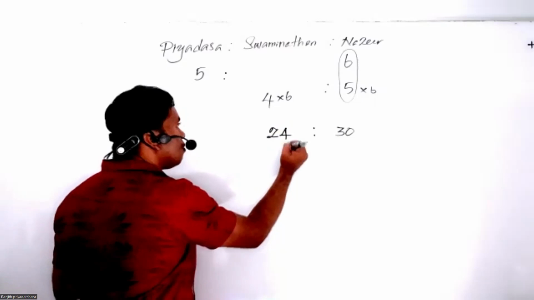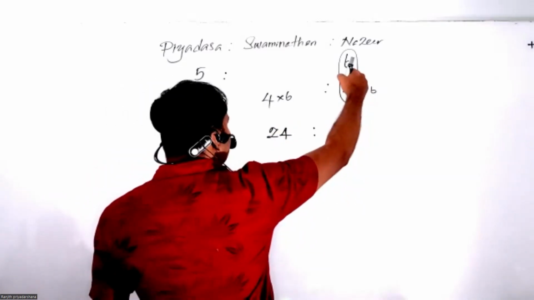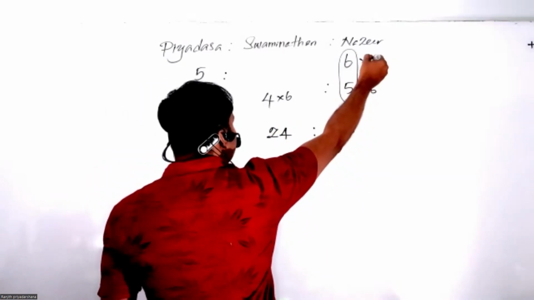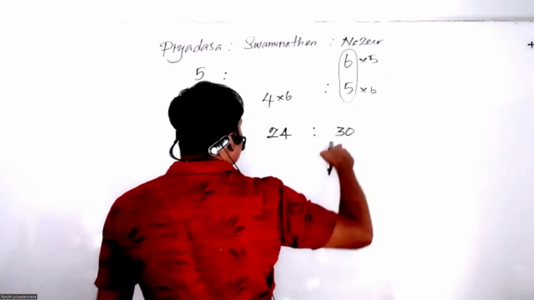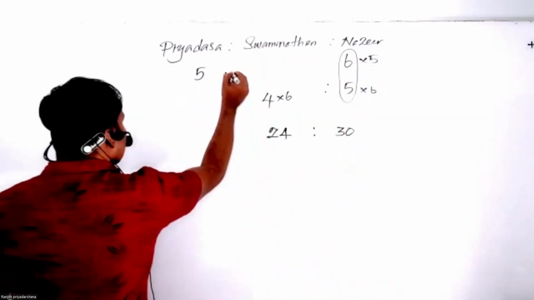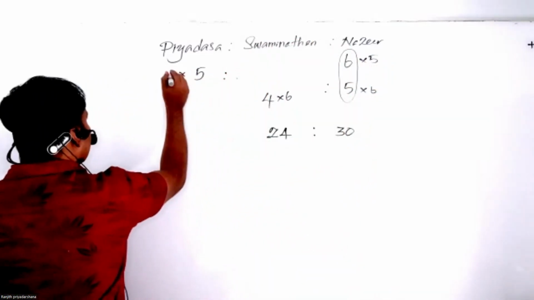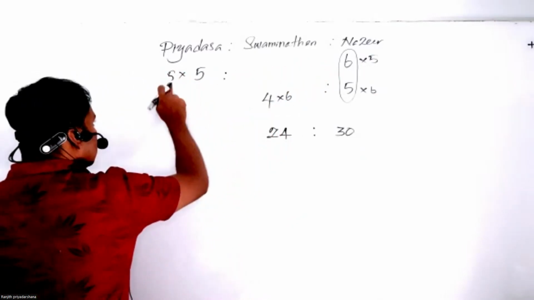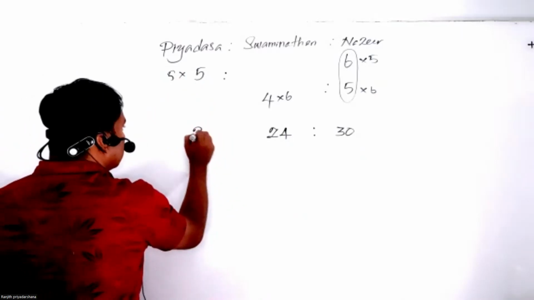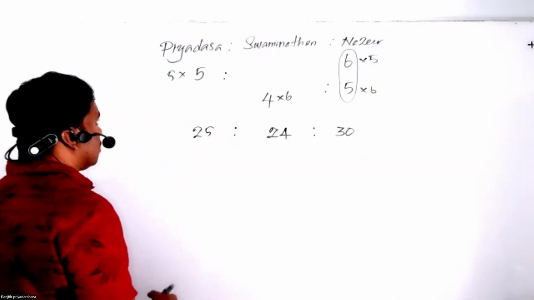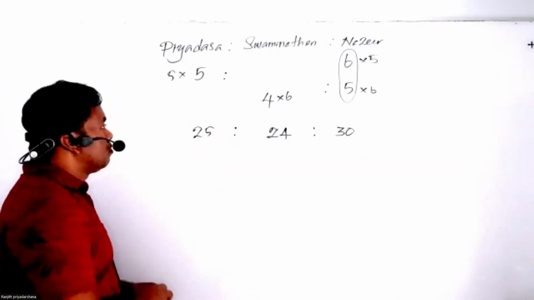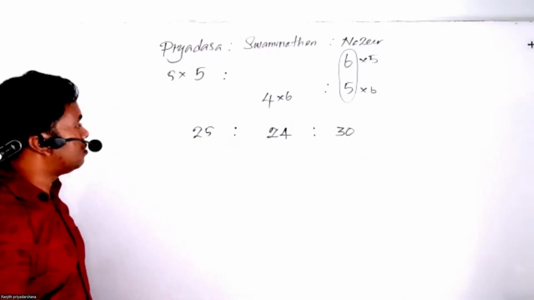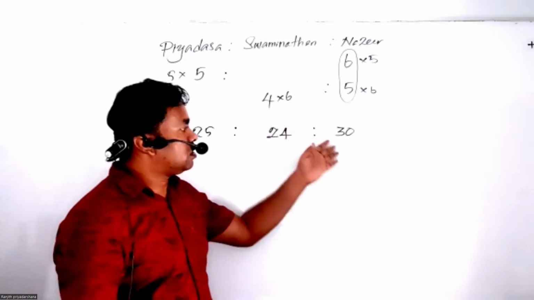When you want to make this 6 into 30, you have to multiply by 5. Then you have to multiply this 5 also by 5. So 25. Associated values have to be multiplied with the same value. The ratio of Piyadasa, Swaminathan and Nasir is 25 to 24 to 30.